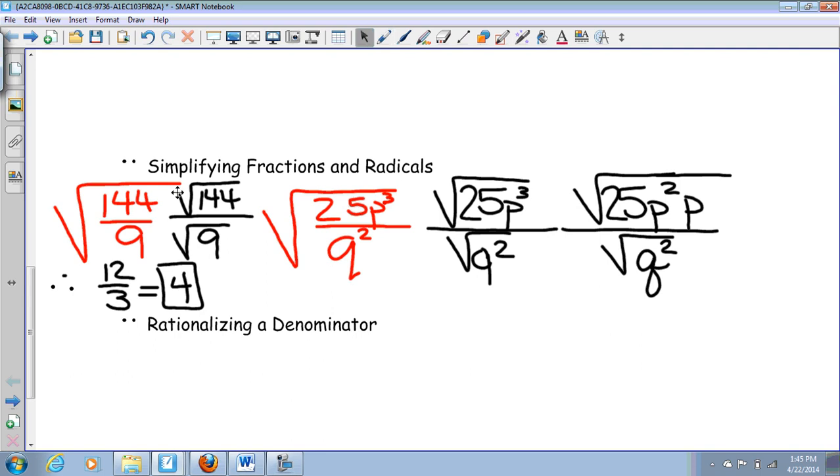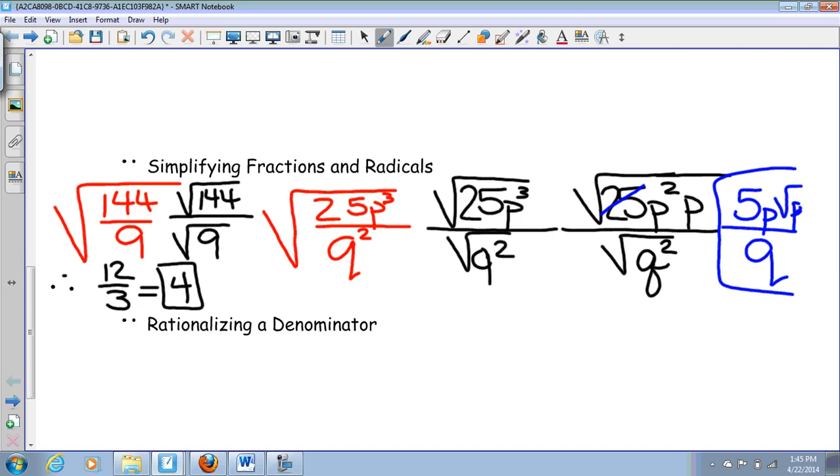So when we take these out of radical, the square root of 25 is 5. The square root of p squared is p, root p stays, and the square root of q squared is q. So our end result is 5p times the square root of p over q.